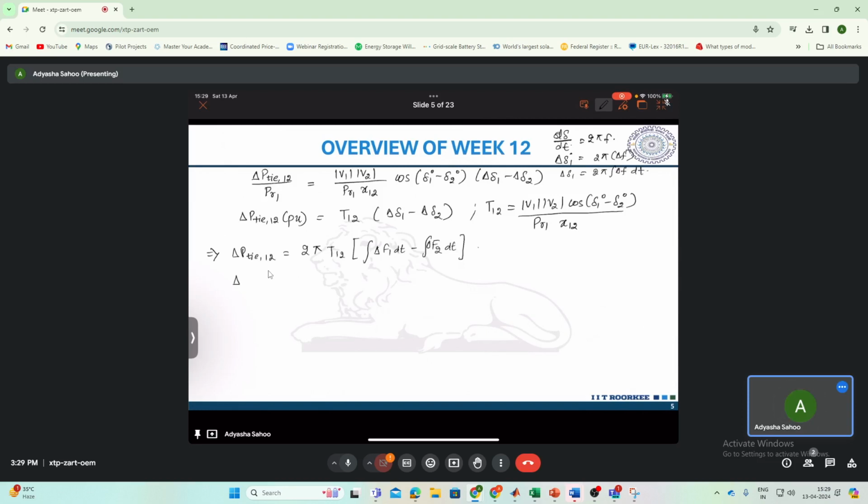Similarly for 21, I can write it as 2 pi t21 integral of delta f2 dt minus delta f1 dt.